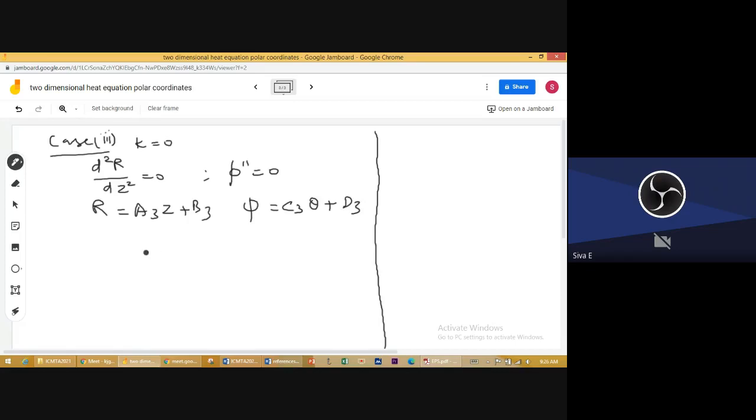So what is a possible solution here? U of r comma theta equal to A3 log r plus B3, times C3 theta plus D3.